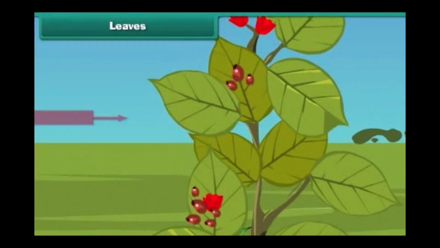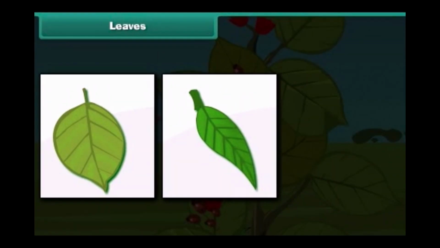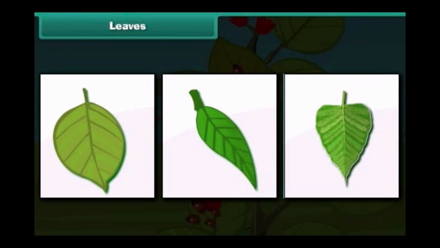Next part of the plant is leaf. It is the green part of the plant that is borne on the stem. They are of different shapes. Some are round, some are long, and some are triangular. The surface of a leaf is known as margin, and their margins are also different like their shapes.